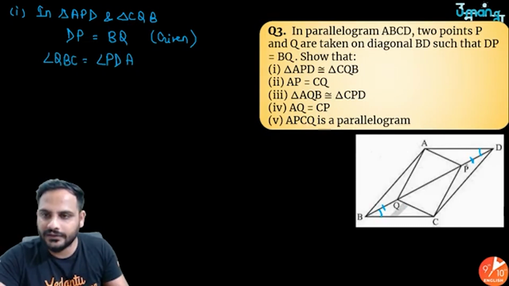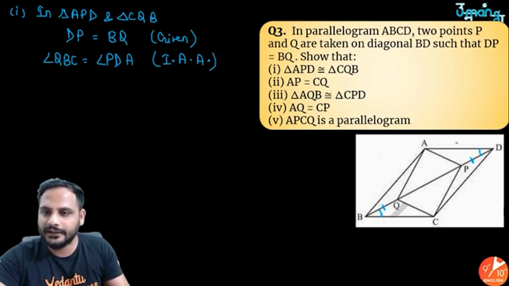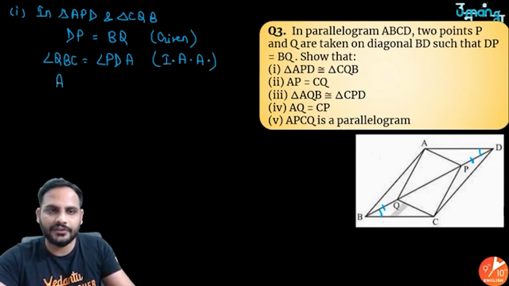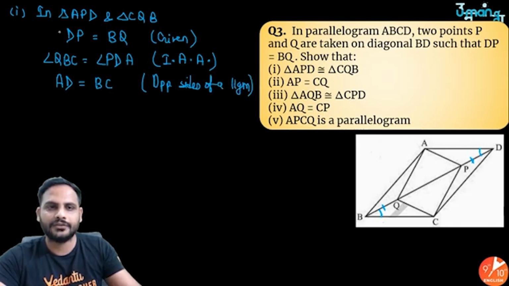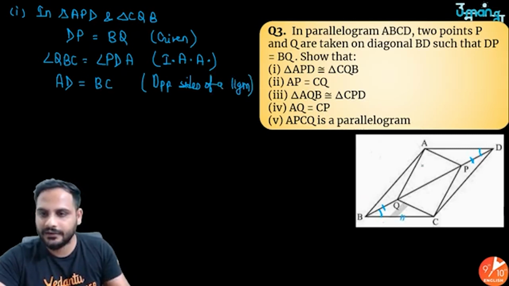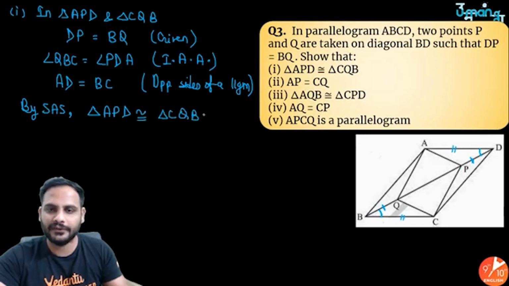The reason is, since ABCD is a parallelogram, AD and BC are parallel sides, and BD is a transversal, so it is forming interior alternate angles. And since ABCD is a parallelogram, opposite sides of a parallelogram are equal, so AD is equal to BC. So which rule is it? Side, angle, side. By SAS rule, I can say triangle APD is congruent to triangle CQB. First part done.